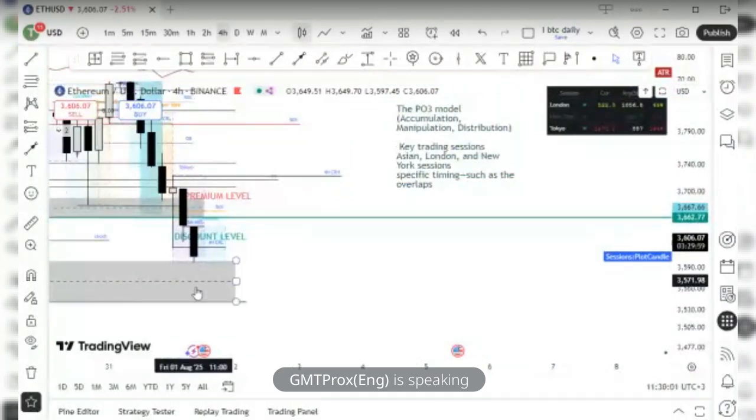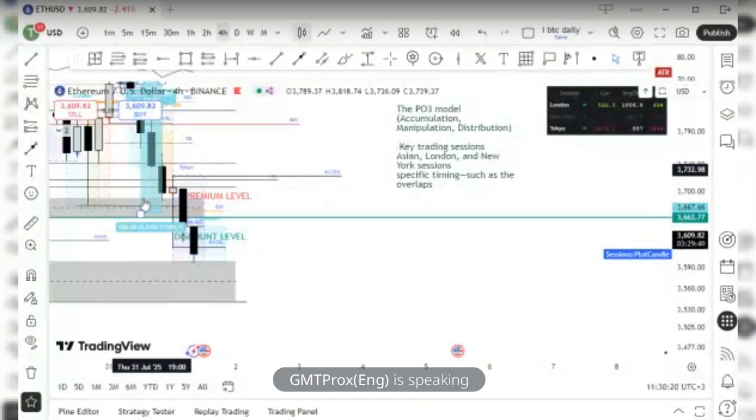So this can just go up, then come down, and it does its liquidation. But remember this is a 4-hour candlestick. Each candlestick here represents 4 hours, but inside there are multiple candles.